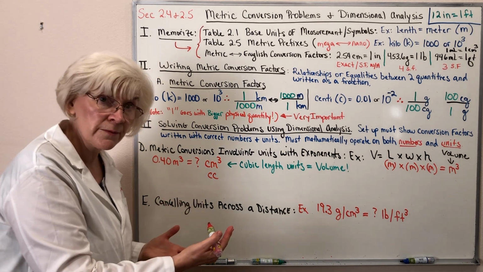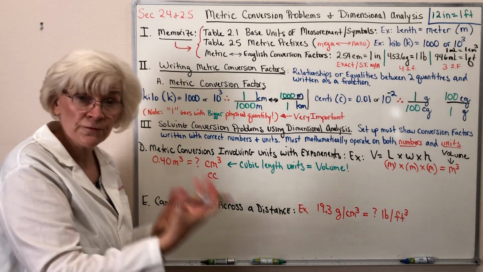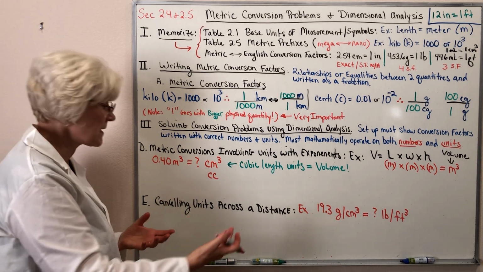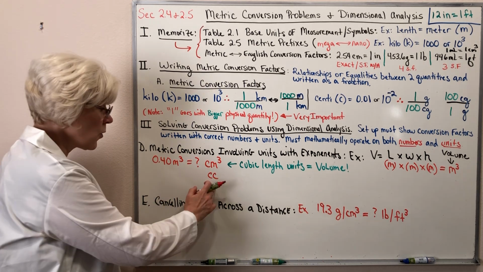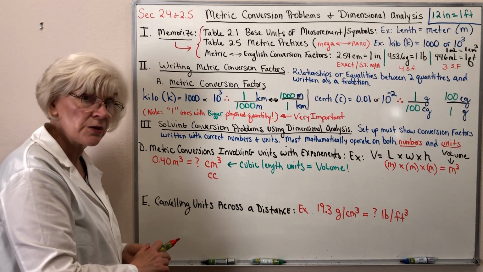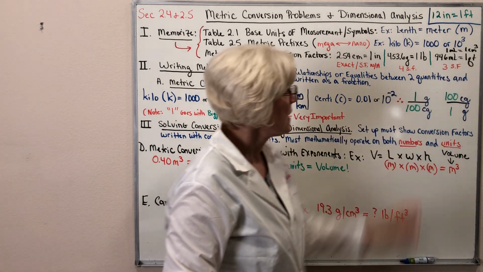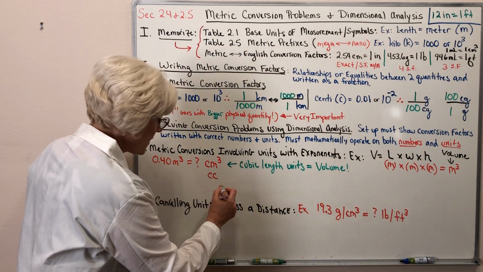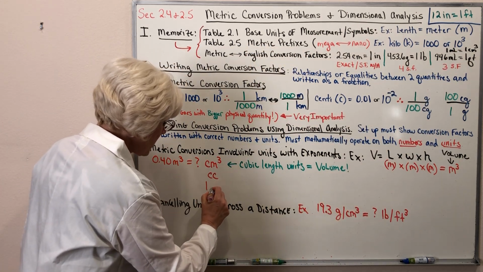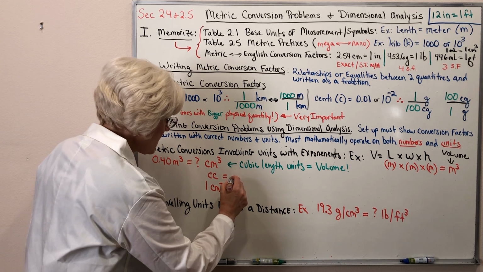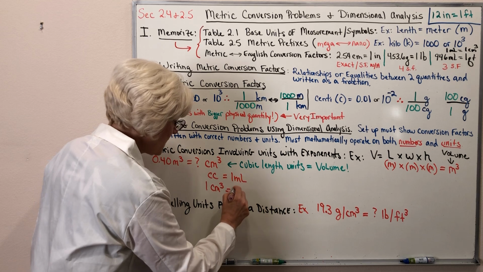A unit of volume, referring to how much fluid is involved in this particular process, expressed as cc's or scientifically as cubic centimeters. And again, a cubic centimeter is equivalent to 1 milliliter. So we'll write that here. 1 centimeter cubed, or 1 cc, is equal to 1 milliliter.